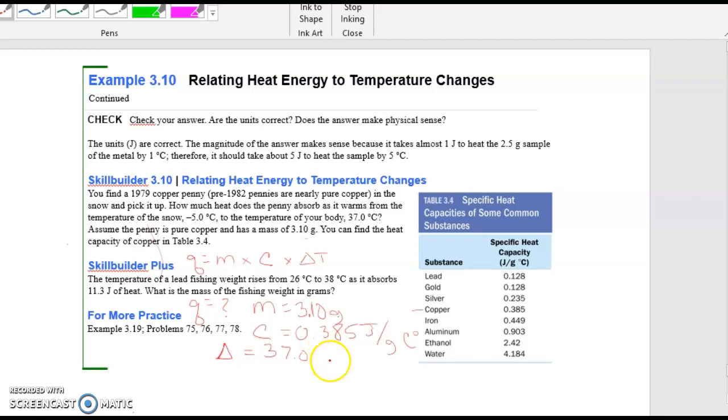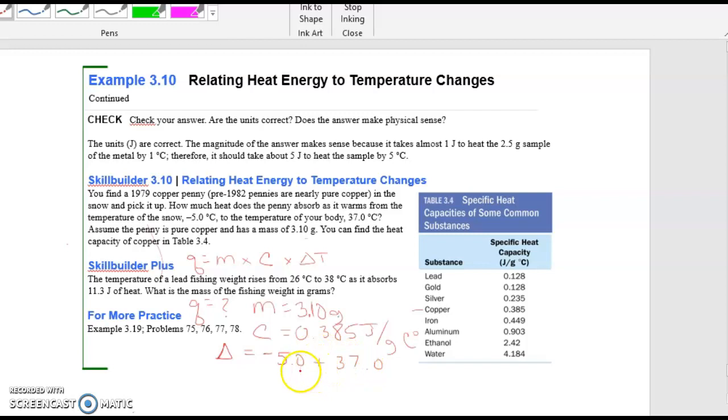and the difference between 37.0 and -5, I'm going to write that like this. Might be a little more clear: -5.0 plus 37.0.